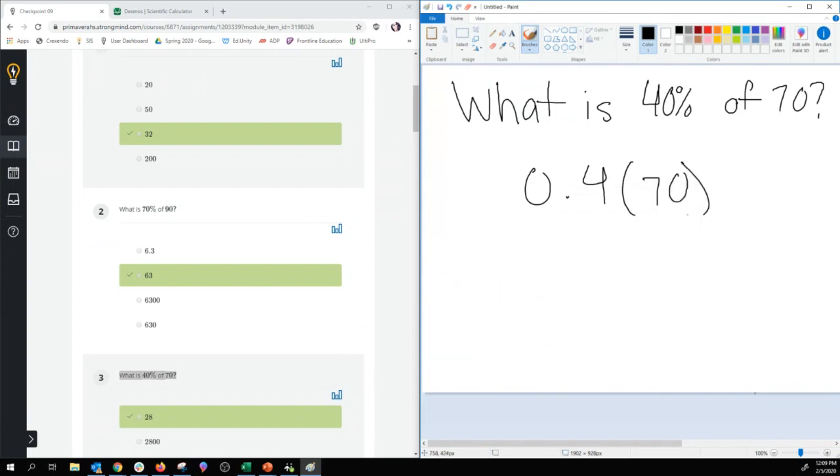You are correct. That's 100% perfect. So 0.4 times 70, and when you multiply those, you should get 28. Perfect. So that answer would be 28.